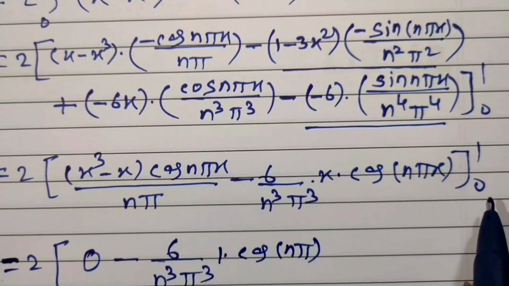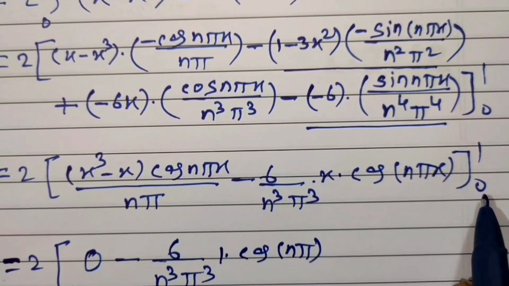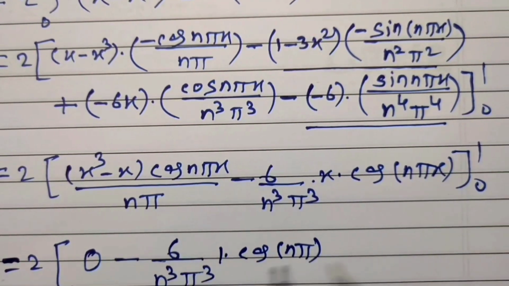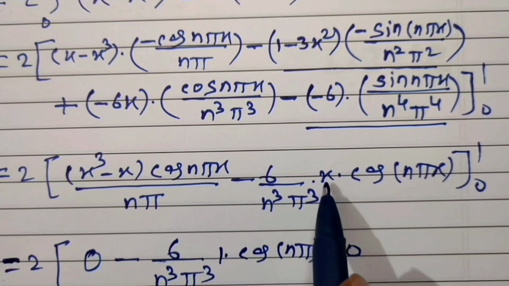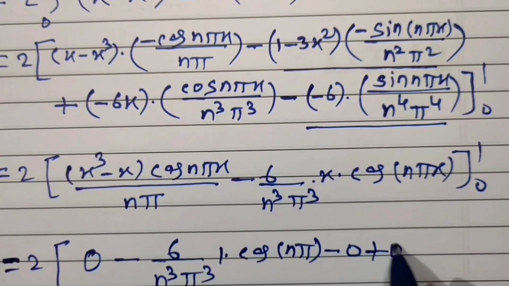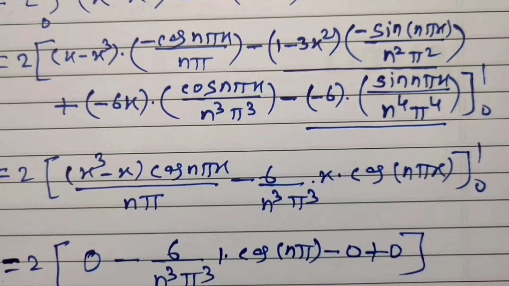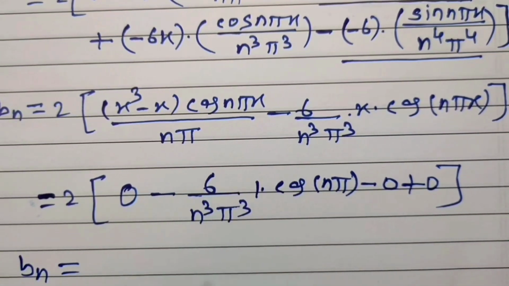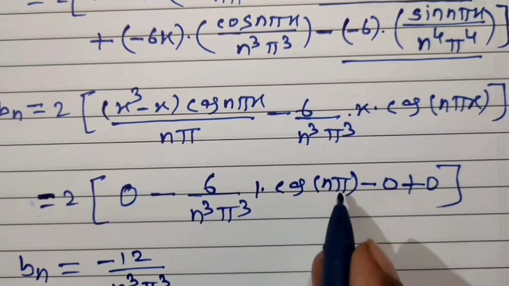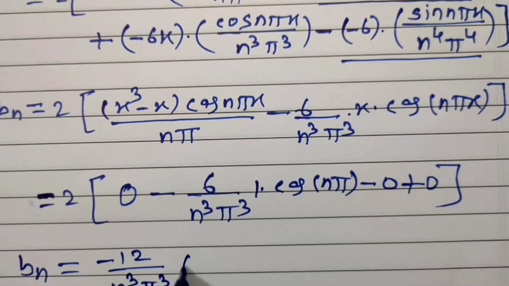If we substitute x is equal to 0, which is the lower limit, this term again becomes 0 and here x is equal to 0 means this term also becomes 0. Only this term remains. So bn can be written as bn is equal to 2 into minus 6 minus 12 divided by n cube pi cube into cos n pi. But cos n pi is minus 1 to the power n.